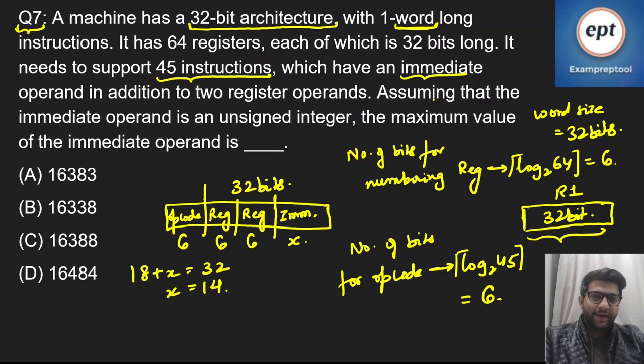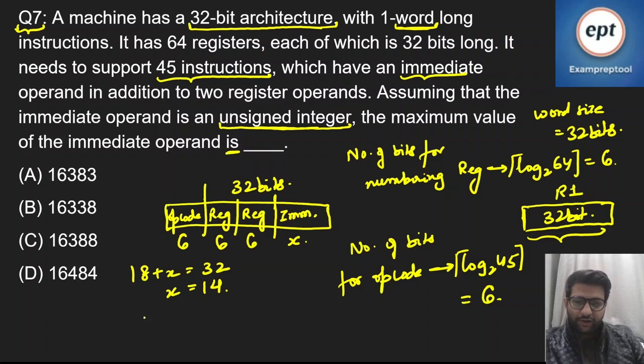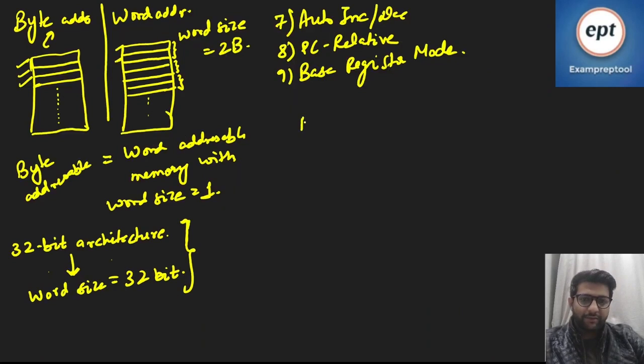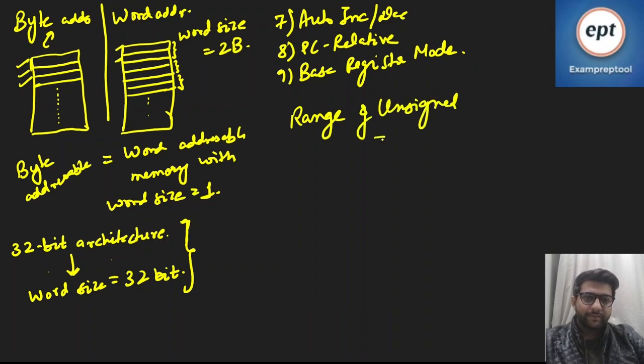Now the question is saying that assuming the immediate operand is an unsigned integer, right? If it is an unsigned integer, then the maximum value of the immediate operand depends on the range of unsigned integers.